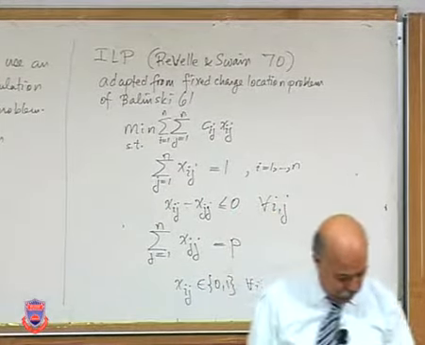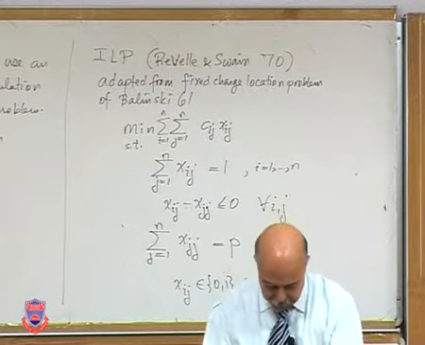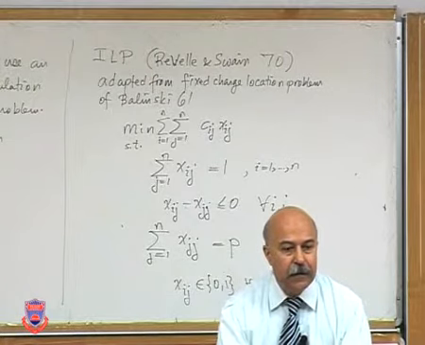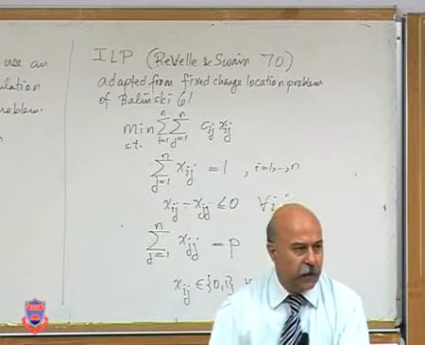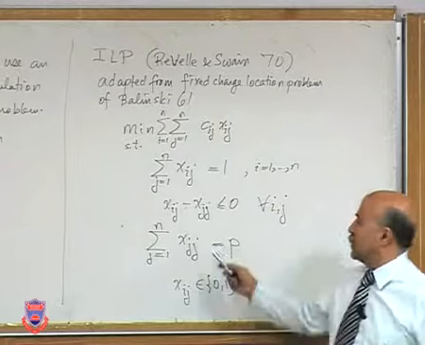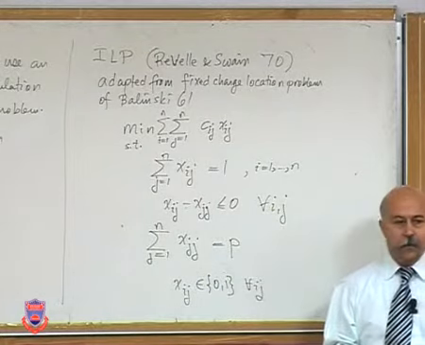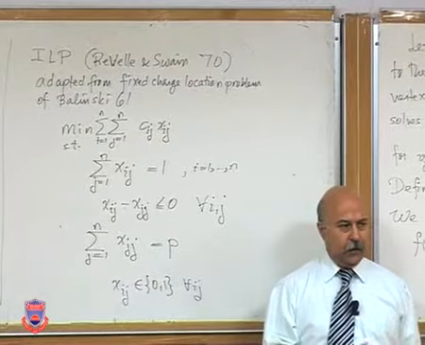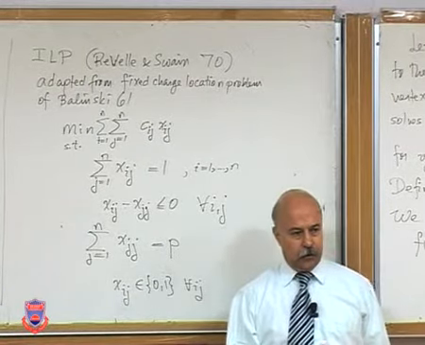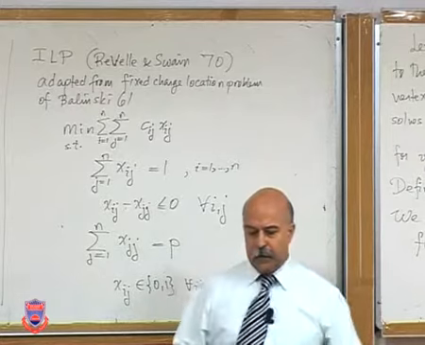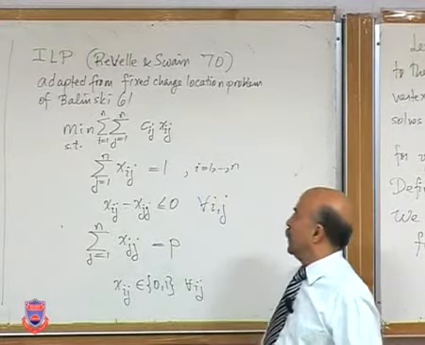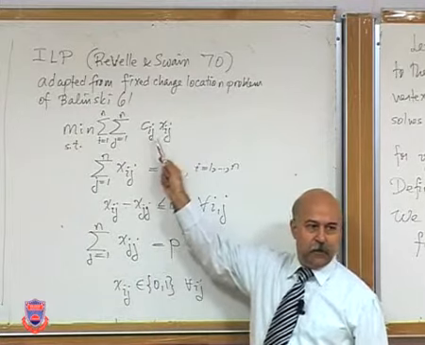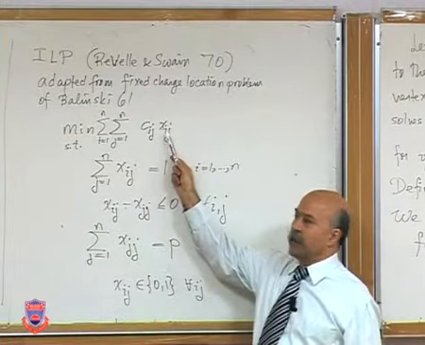And later on, people observed that this problem has a very similar structure to the very well-known uncapacitated facility location problem, UFLP. You might have heard of that maybe in other courses. Uncapacitated facility location problem has costs of assigning the ith facility to the jth facility, and these xij's could be fractional.